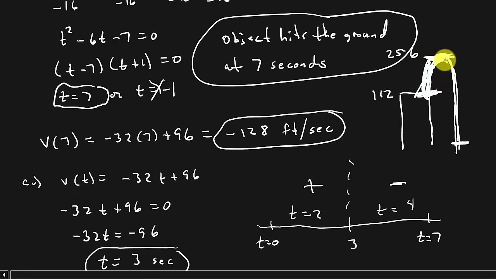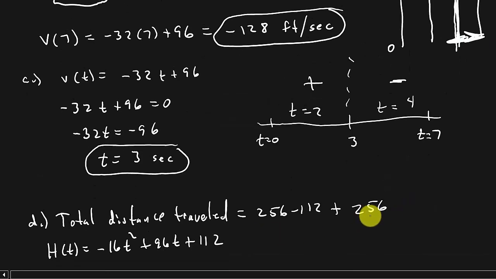So it reaches this height here, and then it falls from here down to a height of 0. So from here to here is 256. So that would be plus that 256 there, which is equal to 400 feet. All right. And that's your answer there.